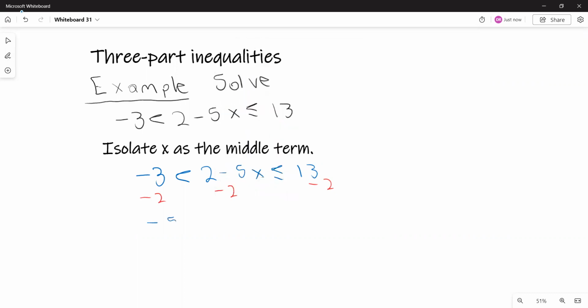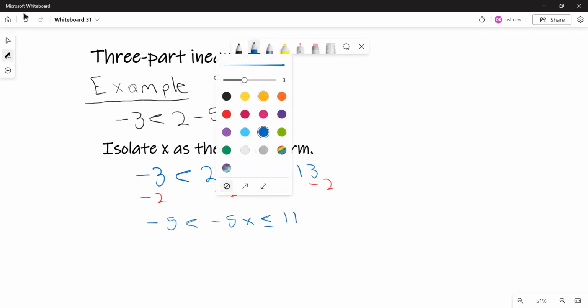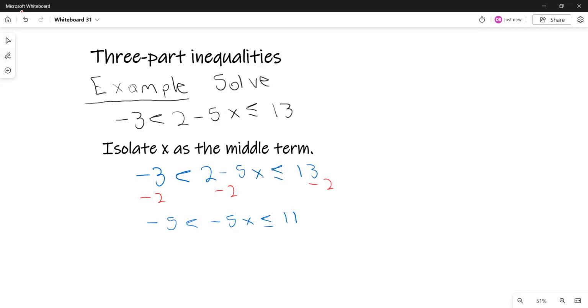And negative 5 is less than negative 5x less than or equal to 11. And we're going to divide by negative 5. Divide all three parts by negative 5, but at the moment we divide by negative 5, we're dividing by something negative, so the inequality reverses.